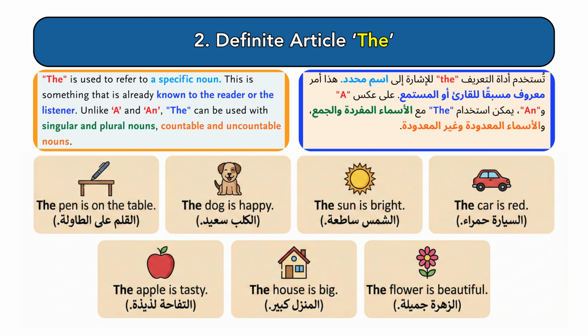Here are some simple examples. The pen is on the table. The dog is happy. The sun is bright. The car is red. The apple is tasty. The house is big. The flower is beautiful.